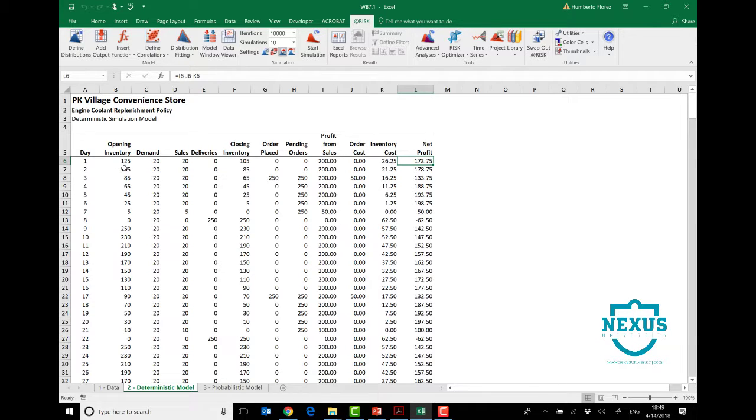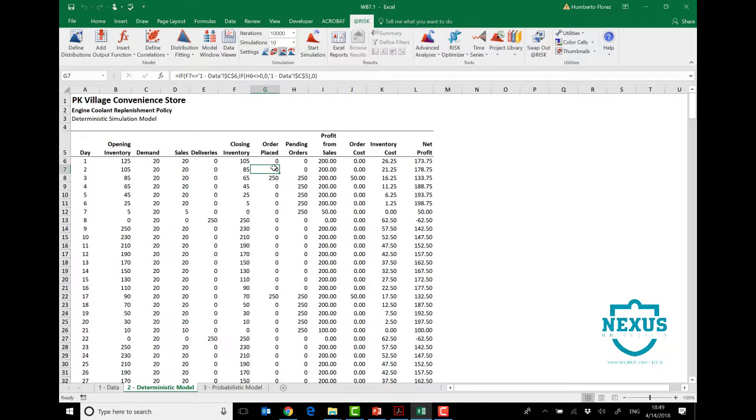As we move into day 2, we start the day with 105 units in inventory, and that is coming from the previous row, from F6, which is this number here. Our demand is still 20 units that day. Because we have the inventory we are able to sell. We have no deliveries planned for that day. We close the inventory at 85.